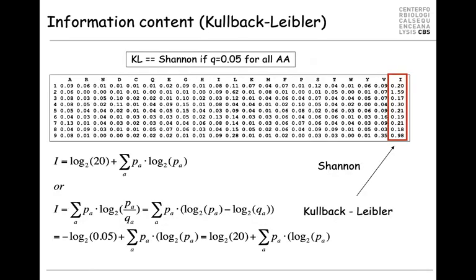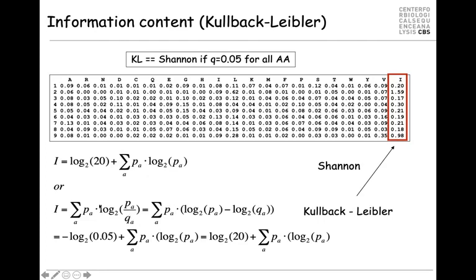Anyway, now we are done, and I just want to recap a few things before we close. I mentioned very briefly the difference between the Shannon information content, the one we have here below the matrix, and the so-called Kullback-Leibler, where you take the ratio of P and divide by the background frequency of the amino acid type.